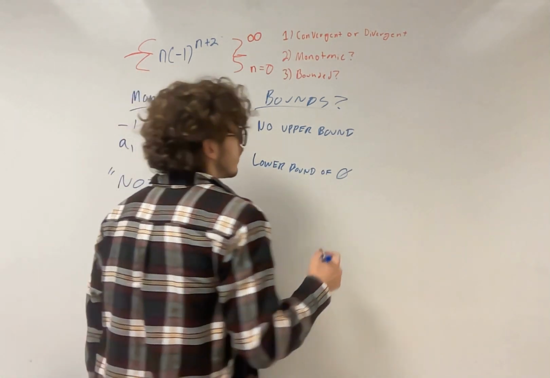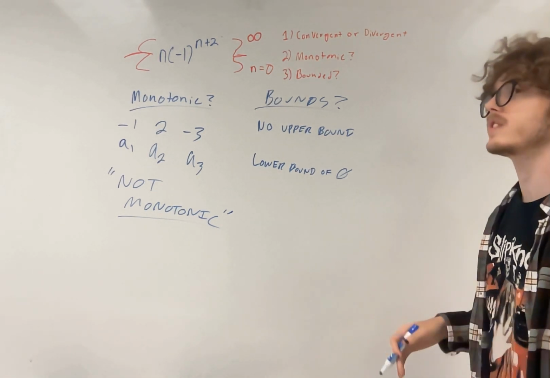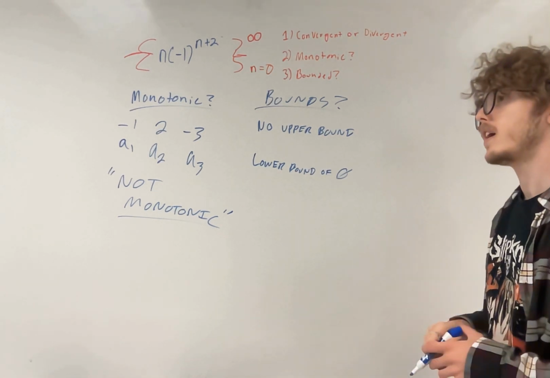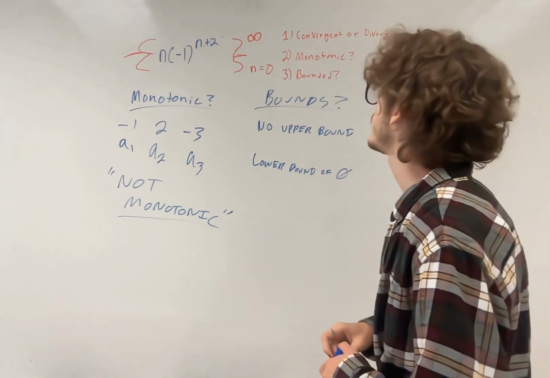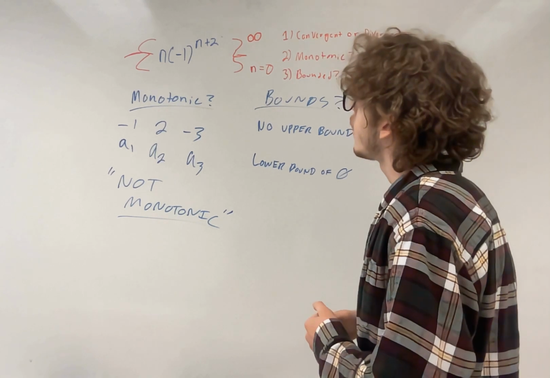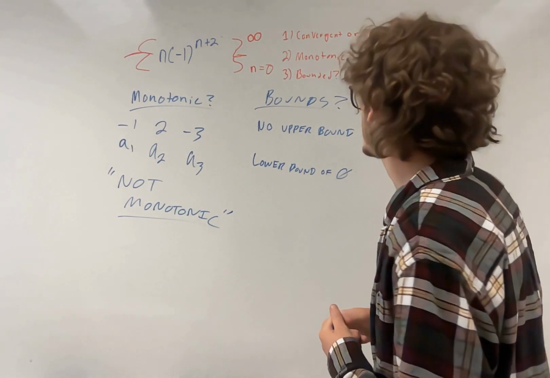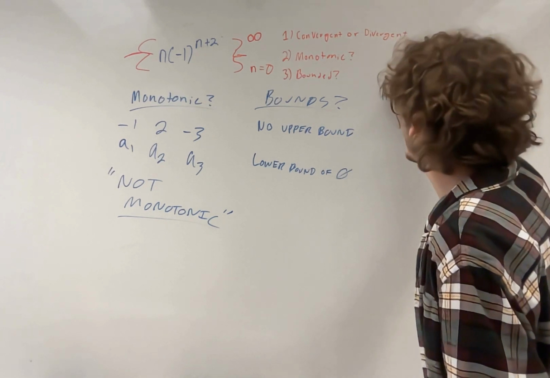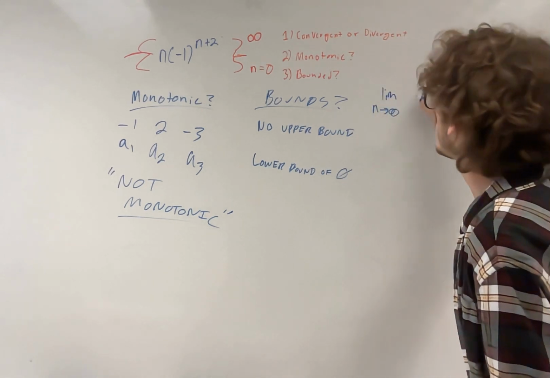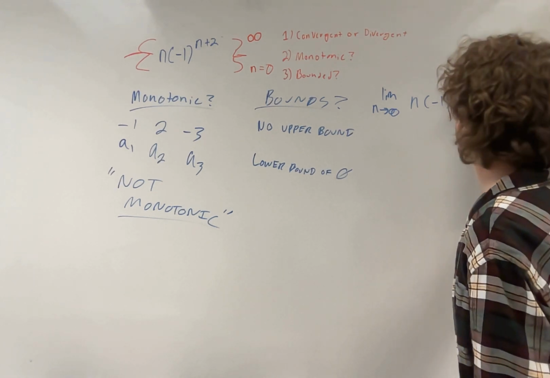Okay, now we're going to ask, is this sequence converging to one number or is it diverging? Well, you should immediately look at that and say to yourself, that is divergent because of our rationale here. Can we show that with calculus? Yes, we can. We're just going to plug in infinity here. We're going to take the limit as n approaches infinity of n times (-1)^(n+2).